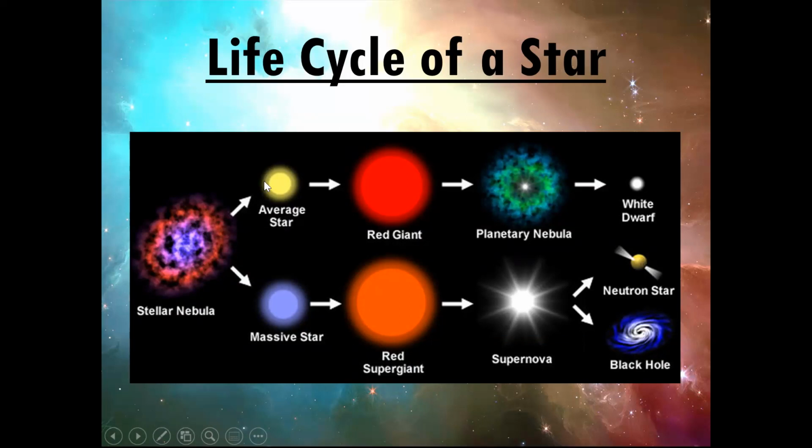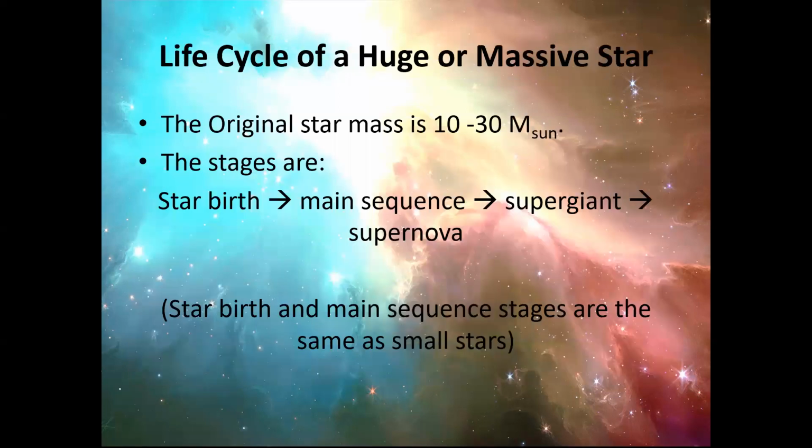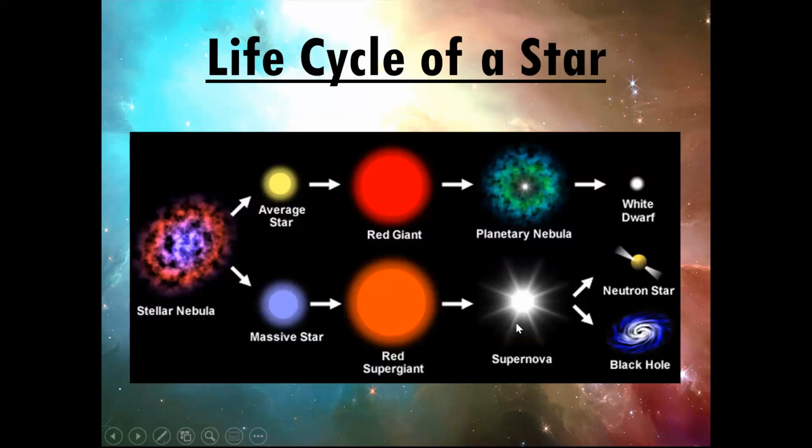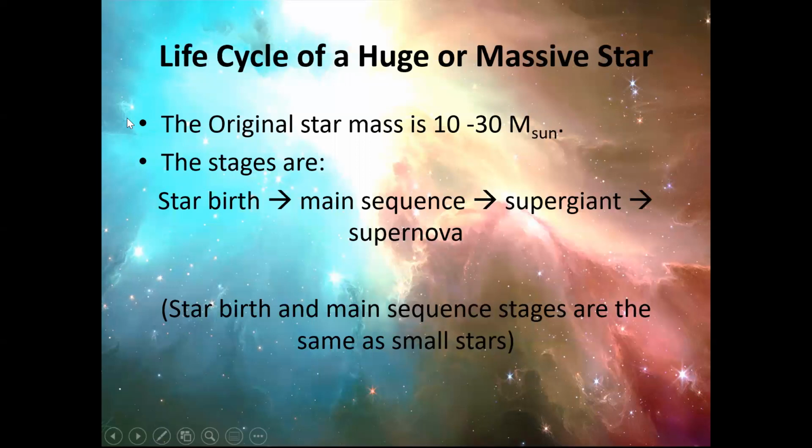hydrogen to helium. So we do need to look at this pathway as well. I do know that it is quite a lot to learn, but we do need to know what's happening. So a huge or massive star, this one here, we'll start looking at that pathway as well.